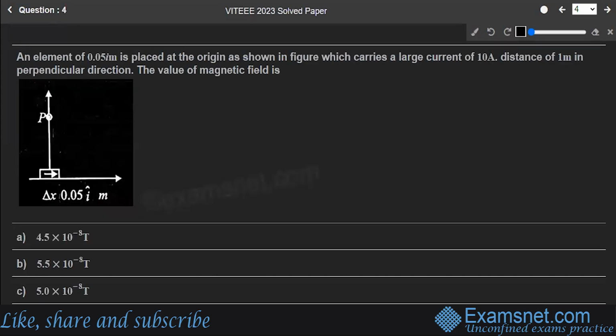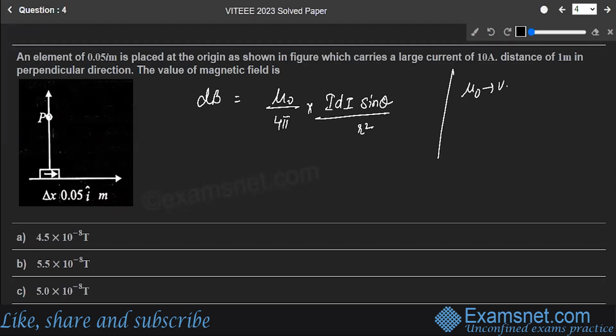Question number 4, an element of 0.05 i cap m is placed at the origin as shown in the figure, which carries a large current of 10 amperes, distance of 1 meter in perpendicular direction. The value of the magnetic field is, so here the dB is given by mu naught upon 4 pi into I dl sine theta upon r square.